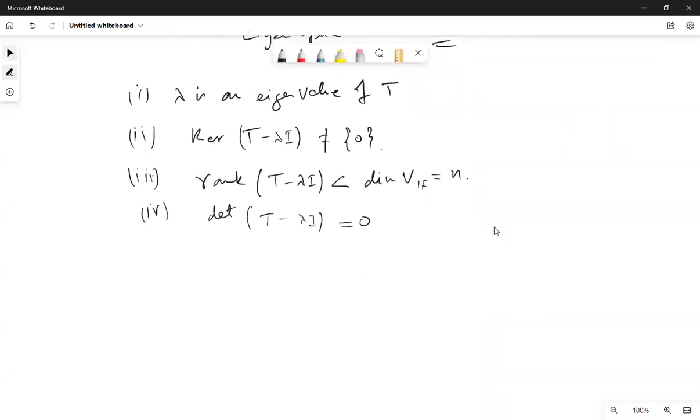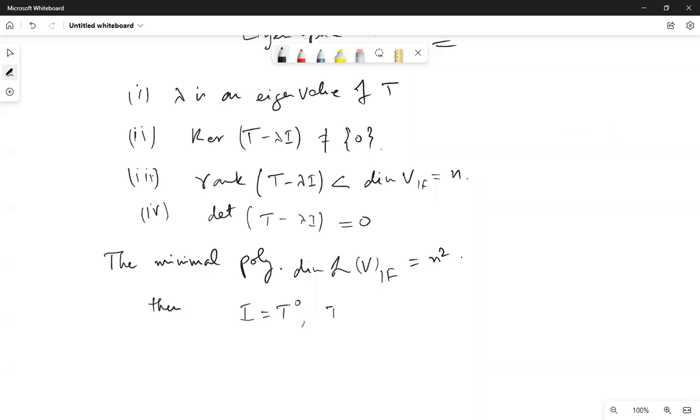Then we come to the minimal polynomial. We just noted that L(V) is an algebra over F with dimension n square. Consider I, which is T raised to the power 0, then T, T square, and so on, T raised to the power n square.